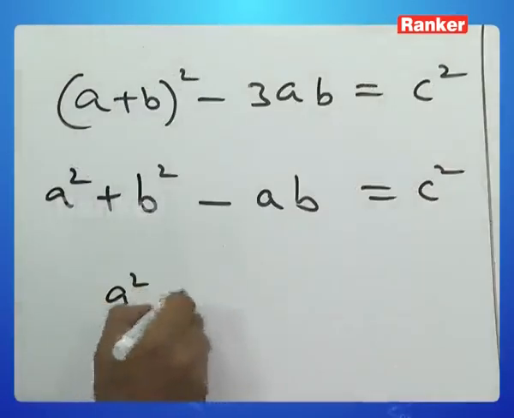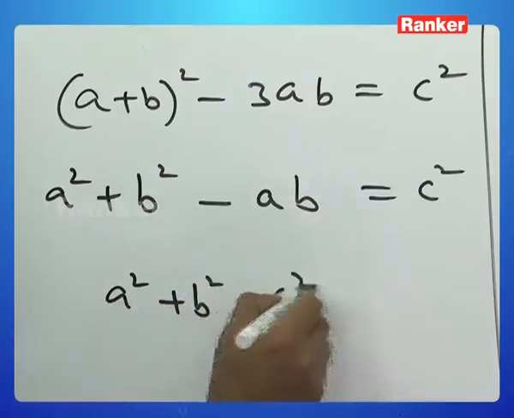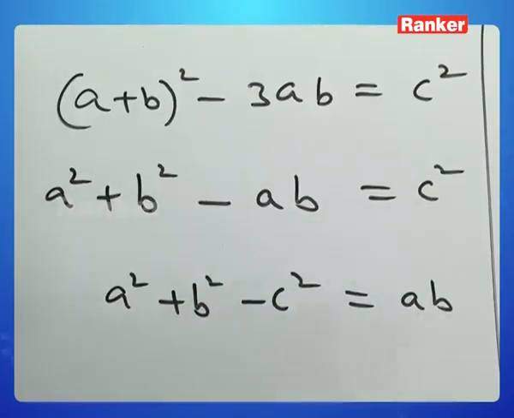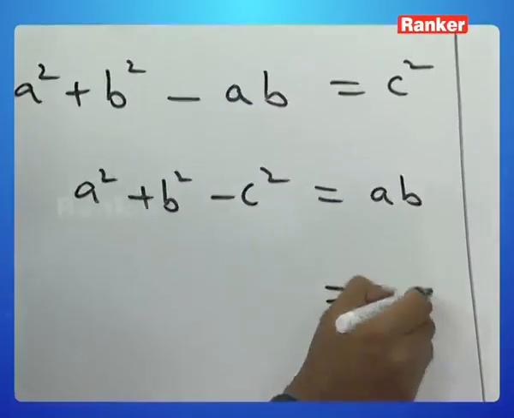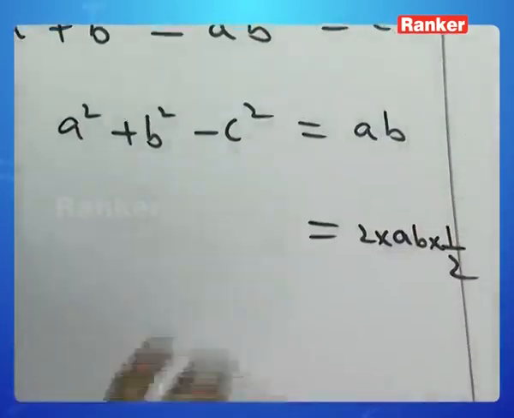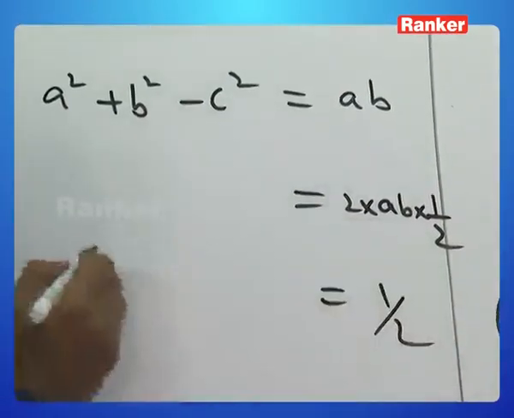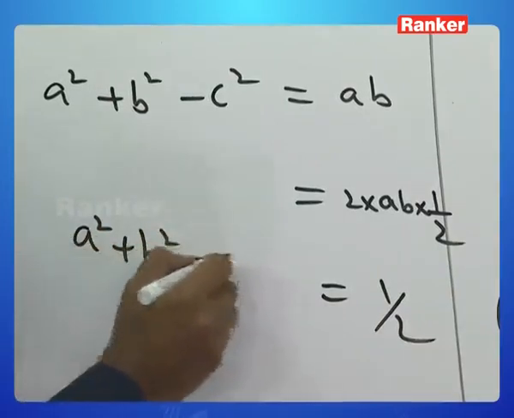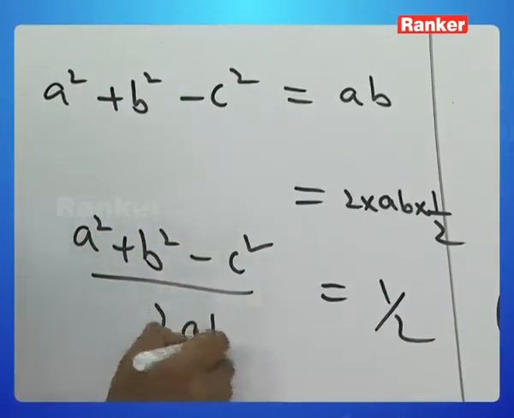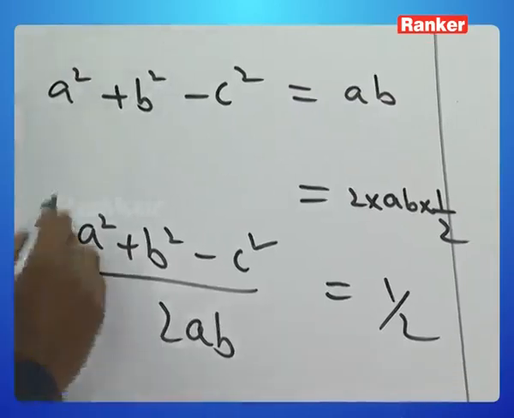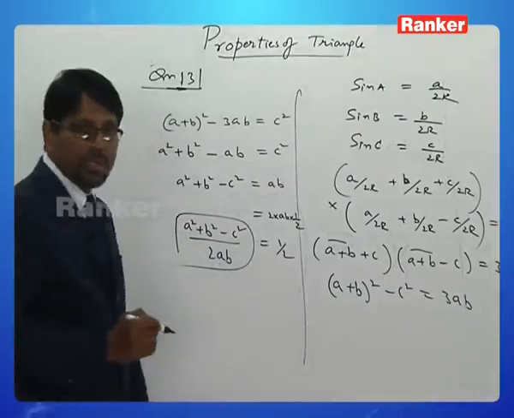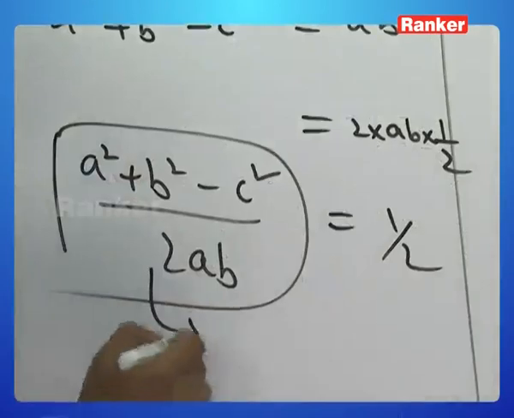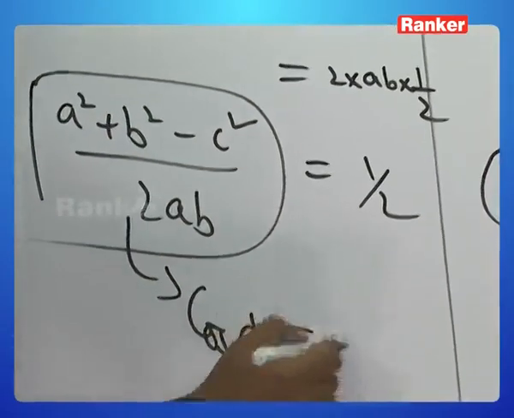So clearly from here A square plus B square minus C square is equal to AB. This AB we will write in the form of 2AB into half. So half will be equal to A square plus B square minus C square by 2AB. And very clearly, this is cos C. So cos C is equal to half.